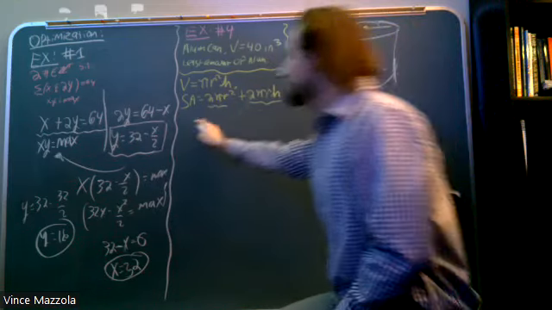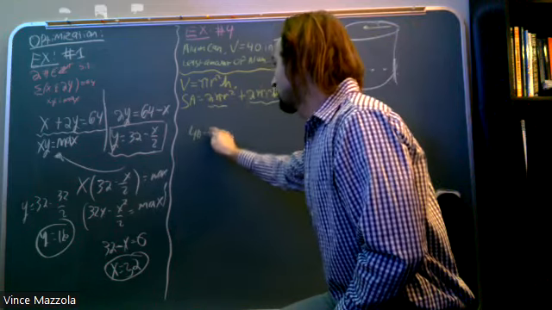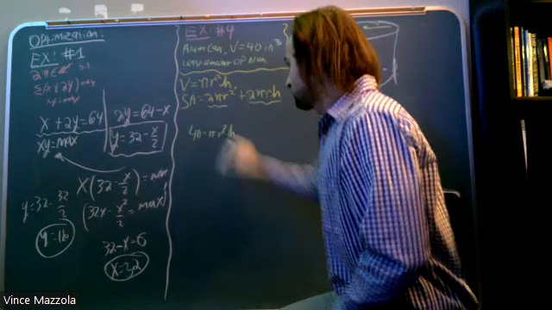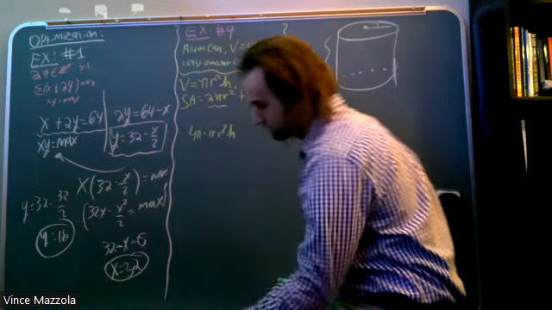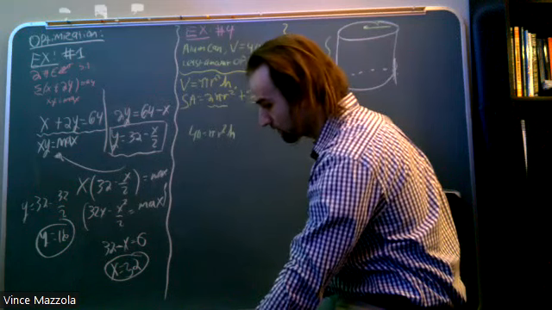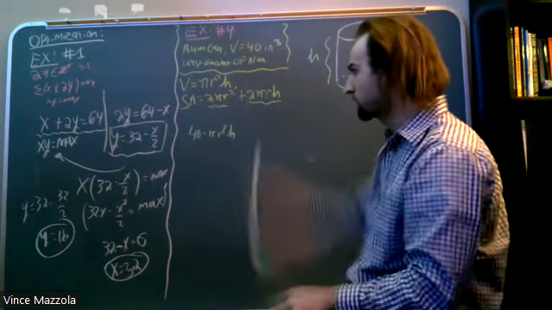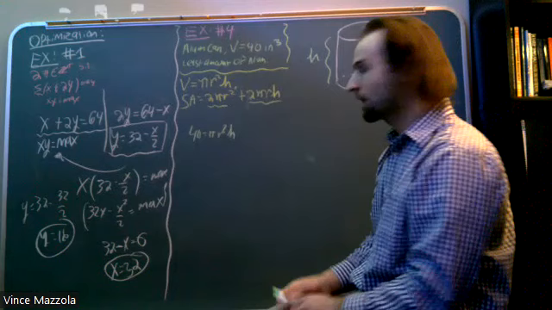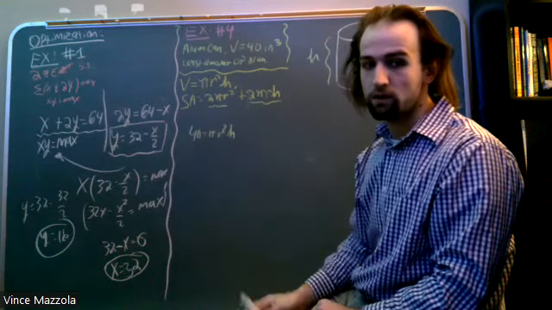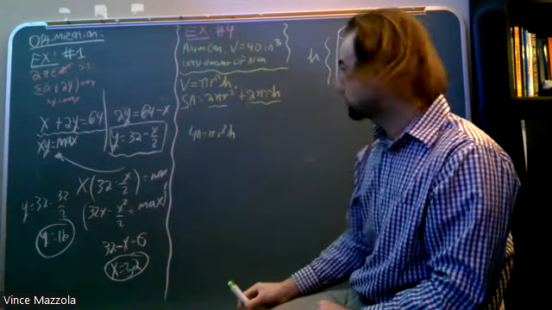All right, let's get back to the question. Volume's 40. Now we solve for one of the variables, just like we did before, and then we're going to substitute it in. The easiest one to solve for is the one that has the least amount done to it.